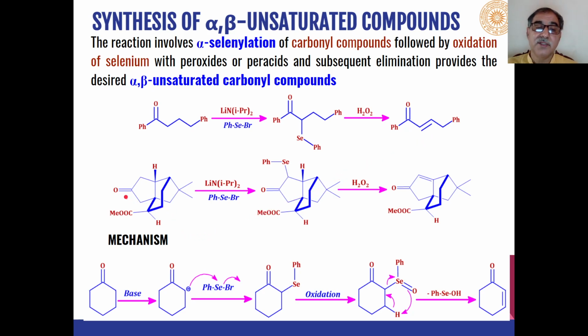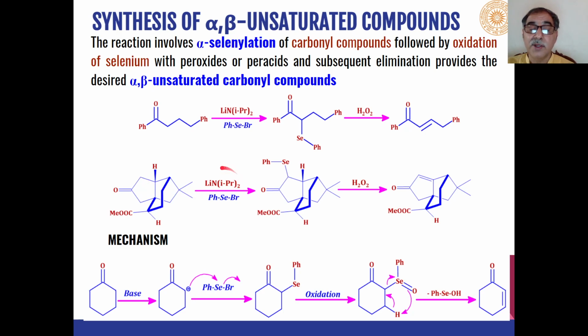And similarly in this case also, this is the ketone group, and this alpha position and this alpha position are both acidic in nature, but this alpha position is attacked because it is sterically less hindered.